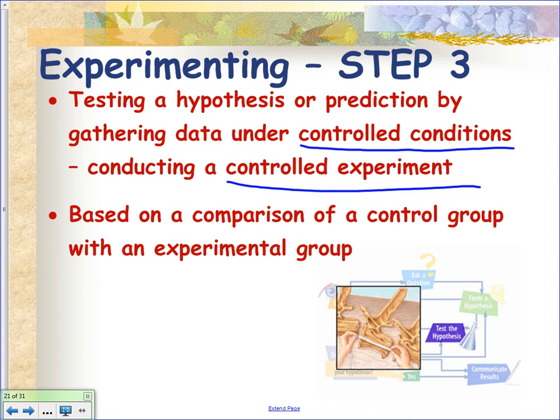So we base our experiment, which we usually call our experimental group, on some sort of control group. Going back to our light intensity, we may have one set of plants growing under normal light conditions, and plants growing under different light intensities. And we're going to compare the growth based on those different light intensities. So that's an example.